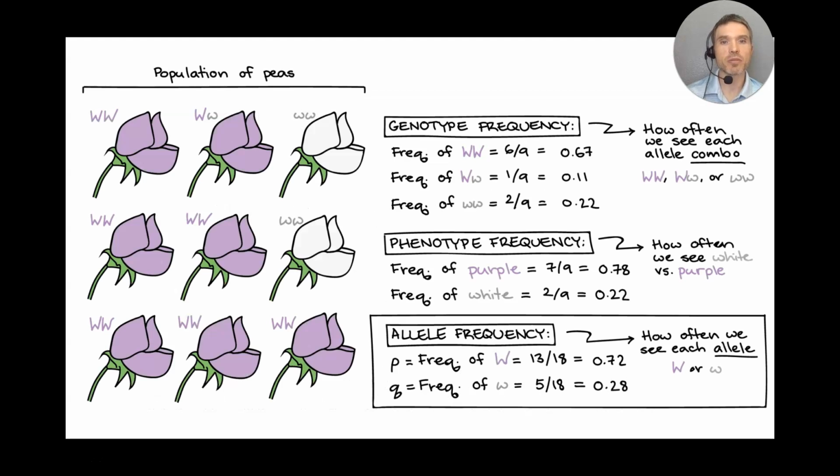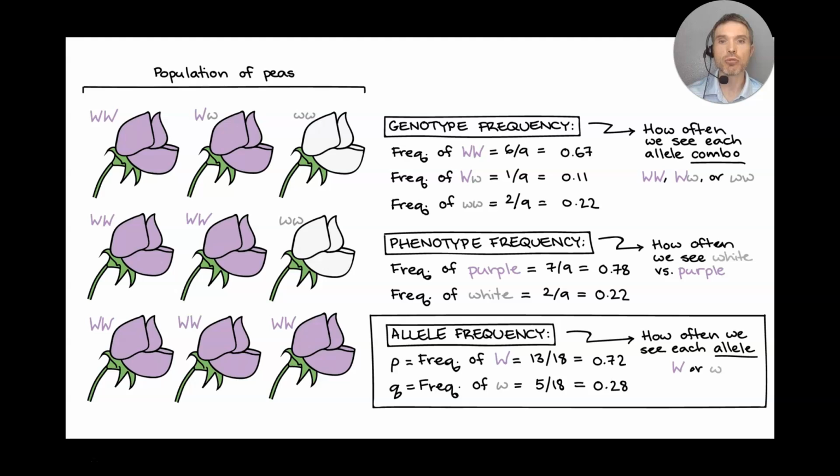As I said before, we have to be very careful when we're asked to find genotype, phenotype, and allele frequency, and that's really demonstrated well on this slide right here. So I have a population of 9 flowers, 7 are purple, 2 are white, and depending upon what the question is asking us, our results are going to be slightly different.